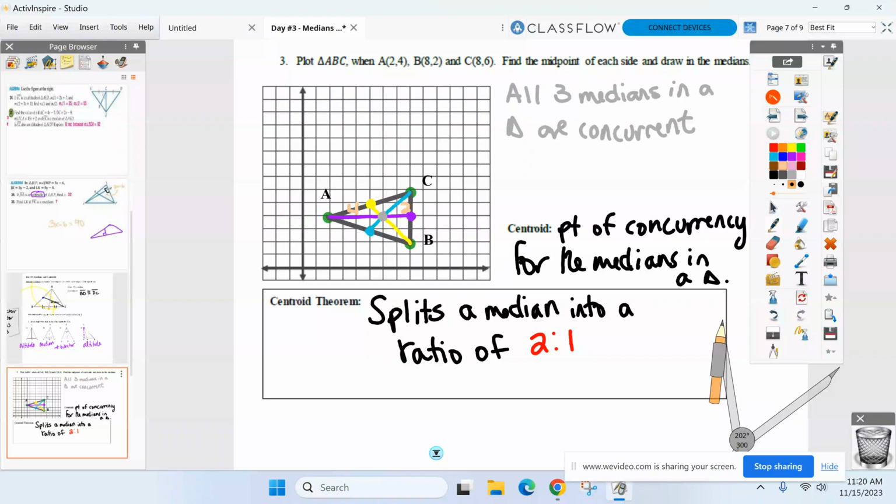What is always the bigger piece? The bigger piece is always vertice to centroid. So for instance, if from C to the centroid is 20, the other piece would be 10. 2 to 1. The centroid splits every median into a ratio of 2 to 1. We're all good? All right, let's practice it, and then you got your assignment.